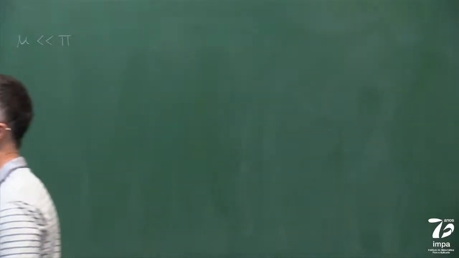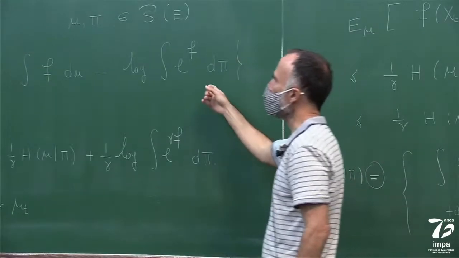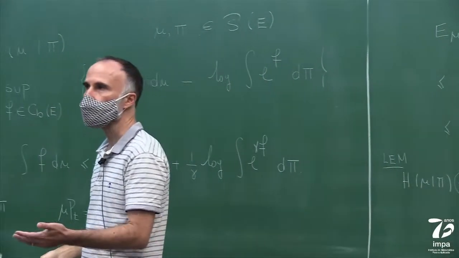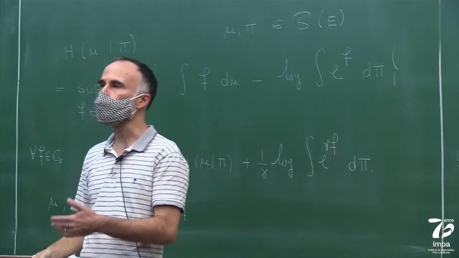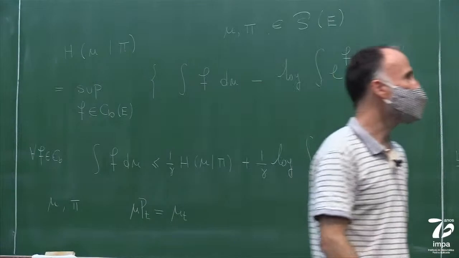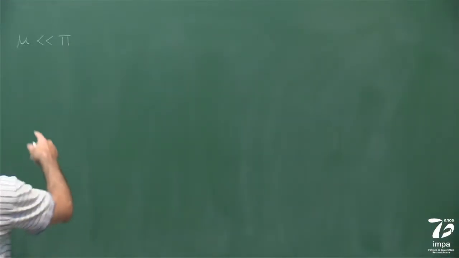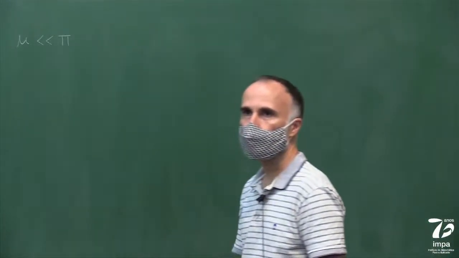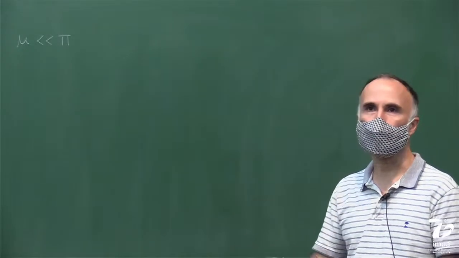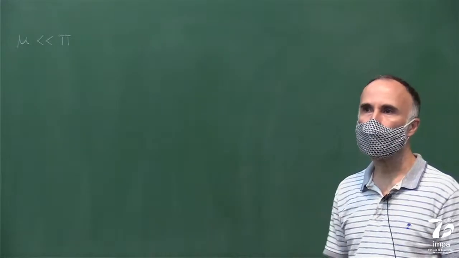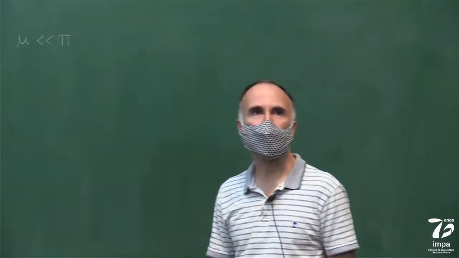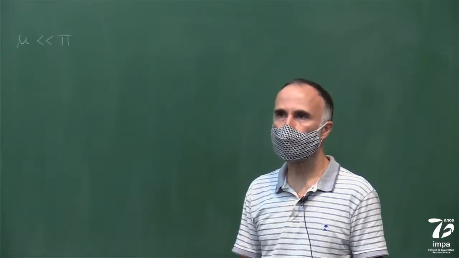I'm taking two measures, and I'm just defining the relative entropy by this formula. Because we know that if pi is the stationary state, it puts a positive mass over all points, and therefore any measure is absolutely continuous with respect to pi. So let's forget that, let's assume we don't have a Markov chain, we just have a reference measure pi, and we are computing relative entropy with respect to this reference measure.